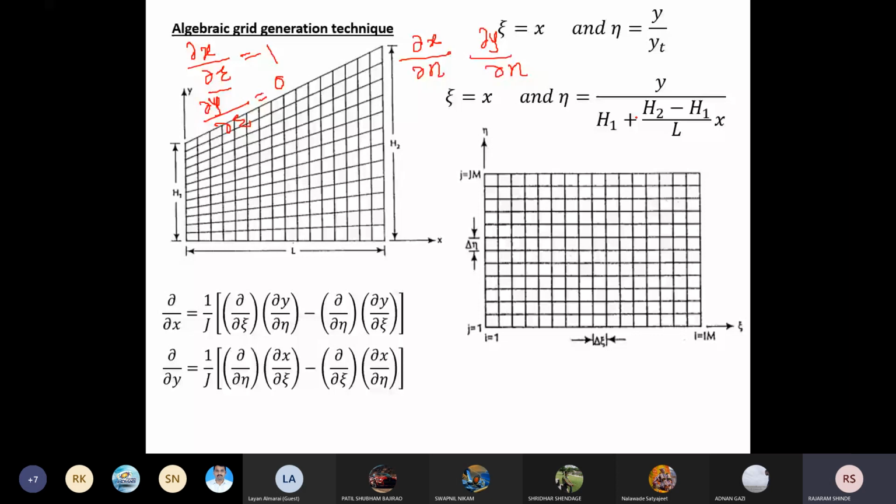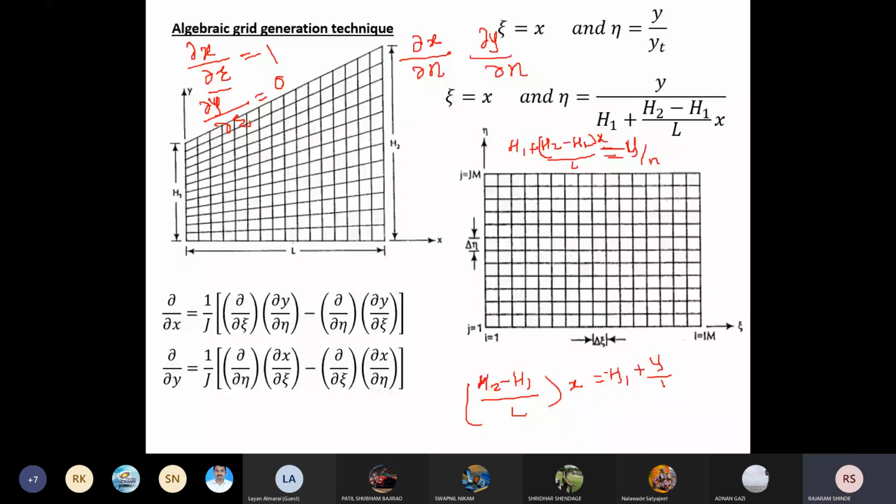I will write it like this: h1 plus (h2 minus h1)/L times x is equal to y by η. Next, (h2 minus h1)/L times x is equal to h1 minus... plus y by η.